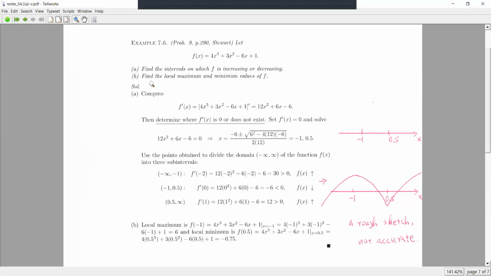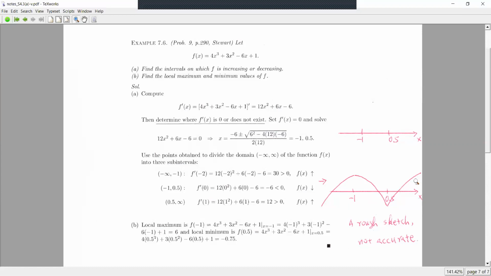Question B. Find the local maximum and minimum values of the function. To answer this question, use the information that we obtain from part A. I roughly sketch the graph of the function. This is only a rough sketch, not accurate.